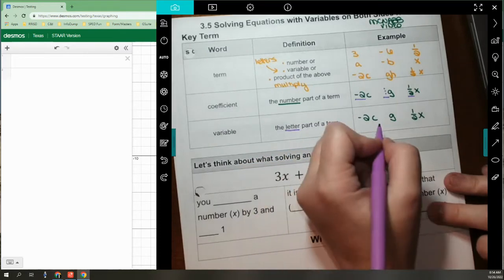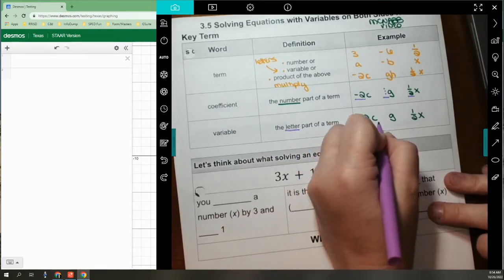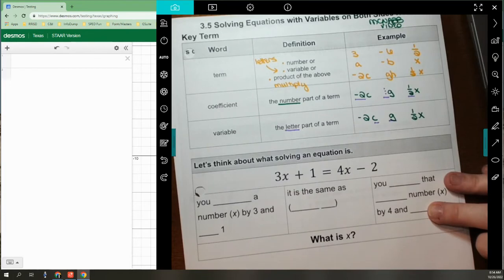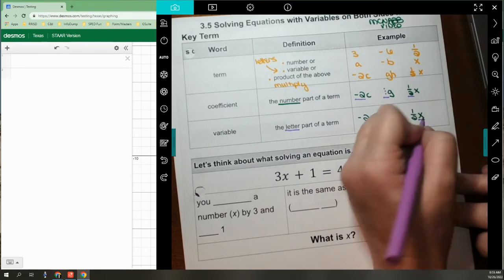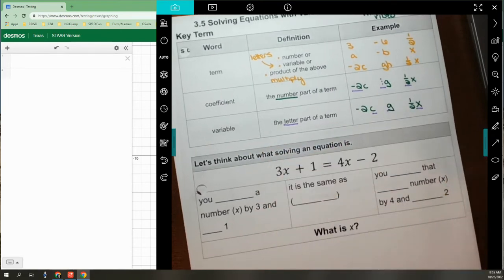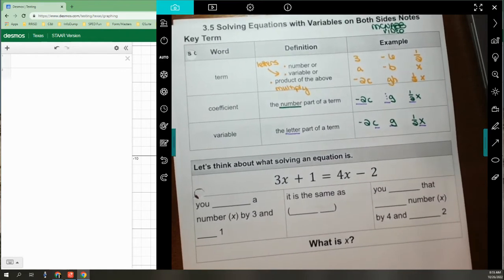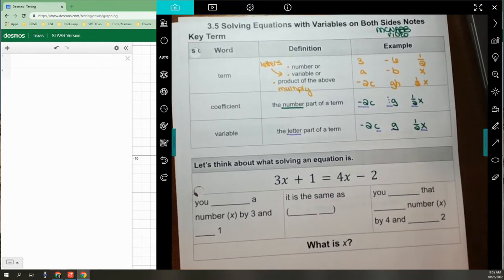The letter parts of these terms are c, g, and x. We don't even really have to think about the invisible 1 there because it's just the letter that I'm looking for, the variable. Okay, go ahead and catch up on those notes, and then hit pause if you need to, and then meet me back for the next section.